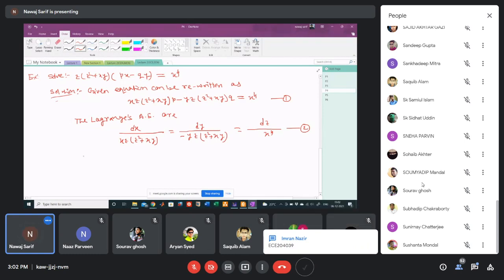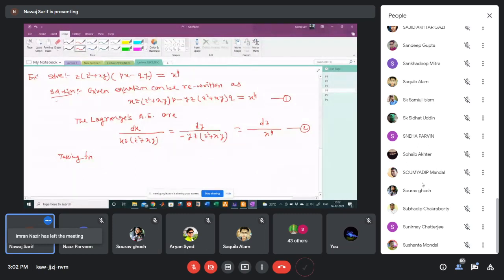So taking the first two fractions, what will we get? x is xz(z² + xy) and z(z² + xy), two terms are cancelled out.